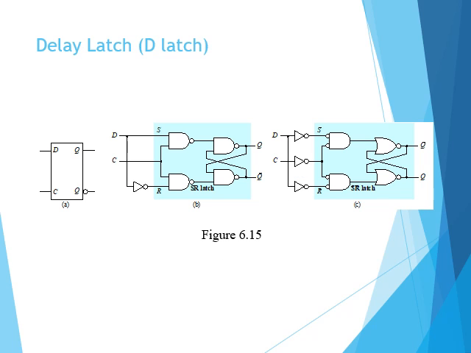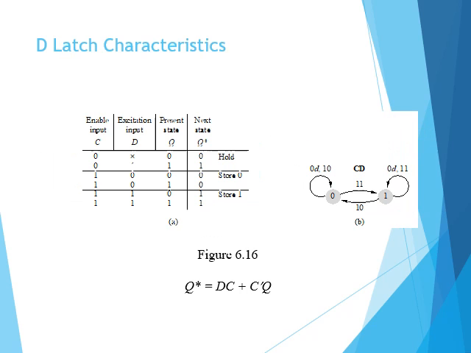Next we discuss the D latch, that is the delay latch. The same input is given along with a NOT gate. After that, the same input is given, and the NOT gate's output goes to the second gate, same as the SR latch. Here the SR latch is connected, and only the input differs. This is called the D latch, meaning delay latch.